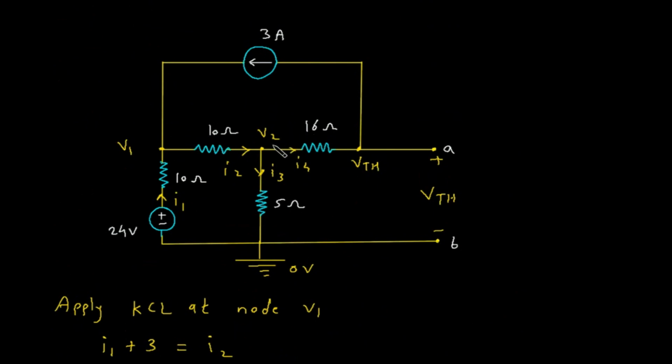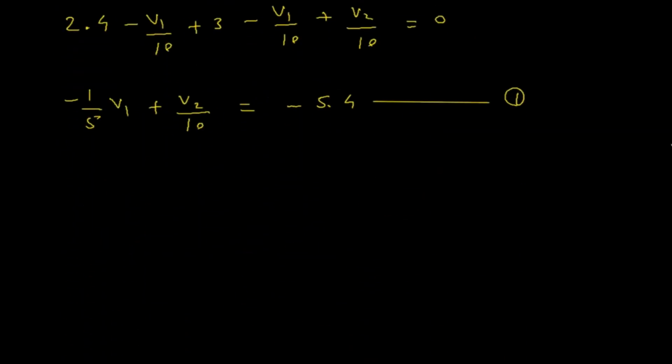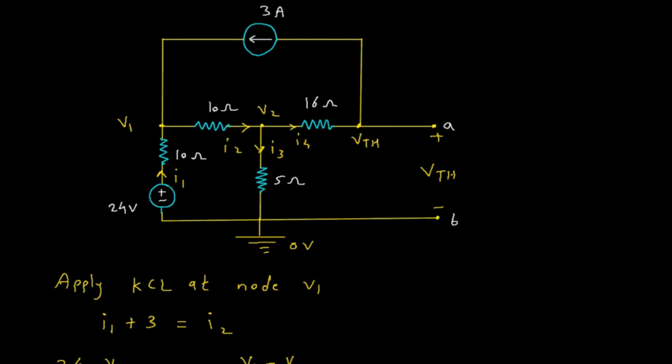Now we will apply KCL at node V2. Entering current at this node is I2.